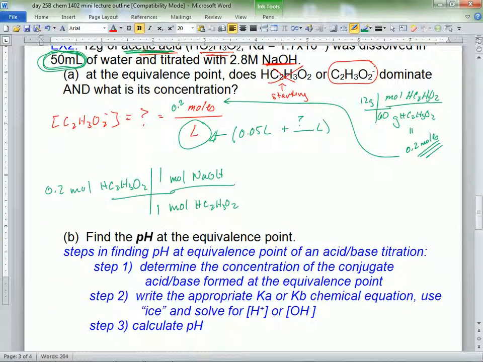Okay. We're not in liters yet. We want liters of this NaOH solution, but we're darn close. What are we missing? To get liters of NaOH.